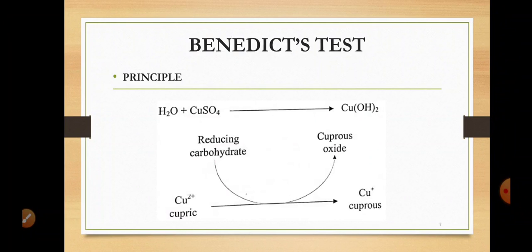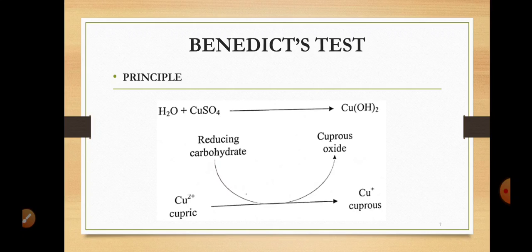What exactly does the principle tell us? In this test, the copper sulfate hydrolyzes to form cupric hydroxide, which in turn is reduced to cuprous oxide on heating with reducing carbohydrates. There are carbohydrates which are reducing in nature, which you refer to as reducing sugars.